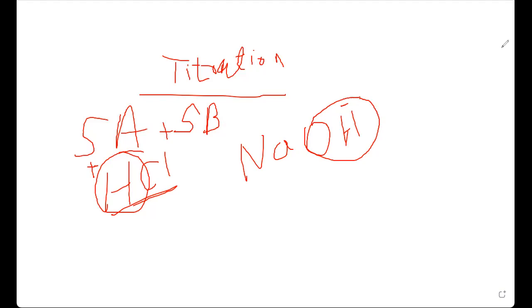Now let's discuss what happens when you react something weak. Okay, let's take a stronger acid, means you can say HCl or any stronger acid, and you can consider a weak base here. So stronger acid and weak base. This is something which we have to focus on.